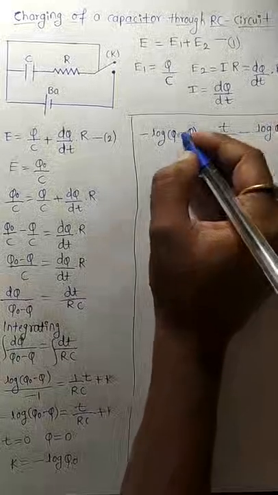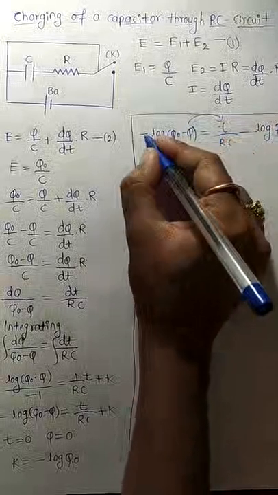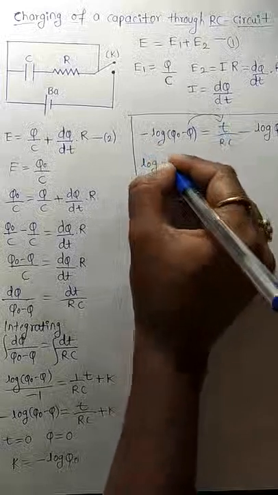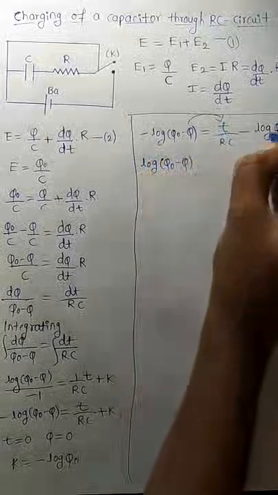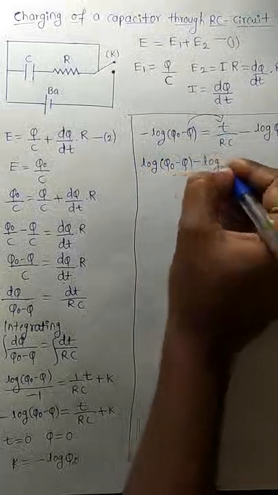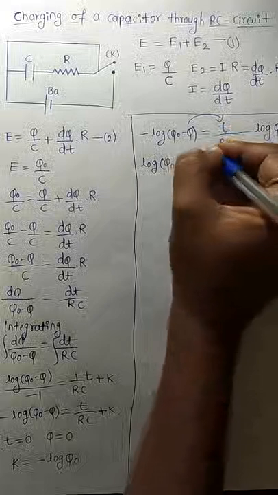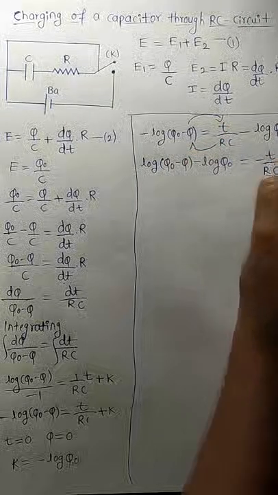Now I'll transfer the term to this side to make it positive. So that term I'll write first, log of q naught minus q, minus log q naught, and t by rc comes this side, so it becomes minus t divided by rc.